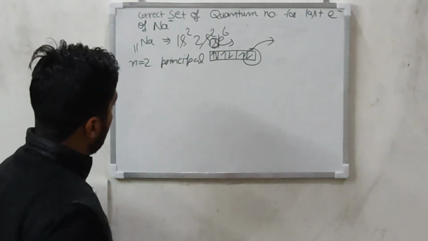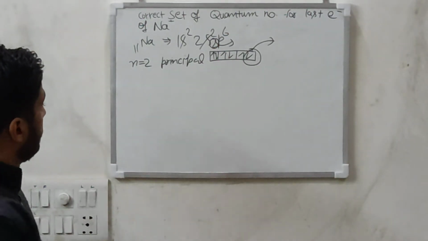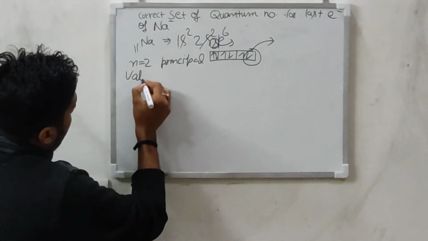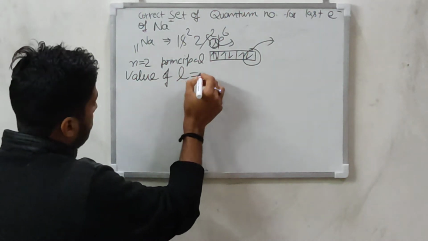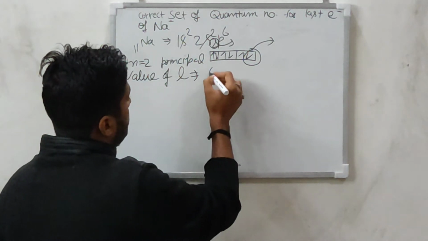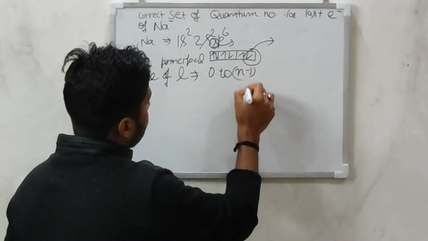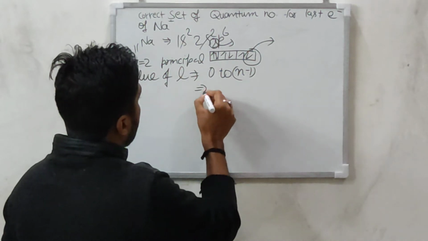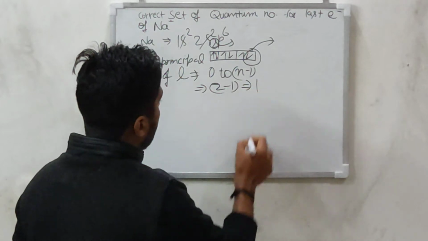For any given n, the value of l, that is the azimuthal quantum number, goes from 0 to n minus 1. So in this case 2 minus 1 means 1.